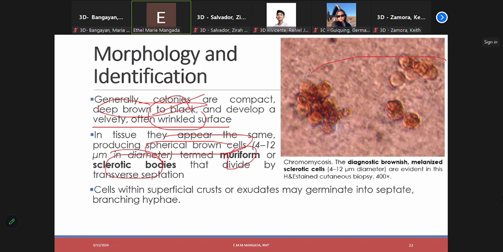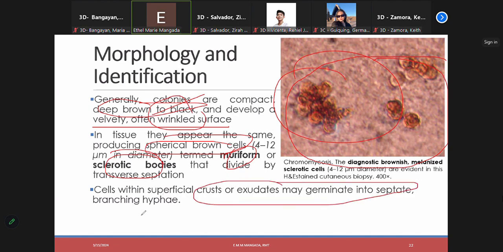So these are your sclerotic bodies. Okay? They are melanized, so brownish yung kulay po nila. So pag nakakita tayo nito, this is diagnostic para sa ating chromoblastomycosis. Cells within superficial crust or exudate may germinate into septate branching hyphae. Okay? So may invasion.